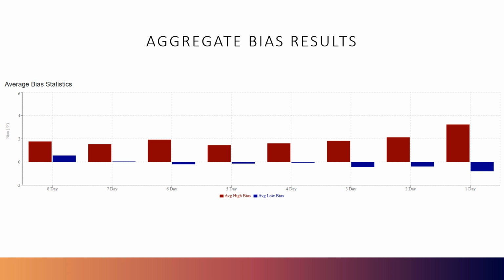And similarly, there's a 1-degree bias towards the low being lower on the 1-day forecast. The 1-day forecast might say the low is going to be 67, but the actual low is 68. So there's not too much difference there. There's definitely a lot more of a bias towards the highs than the lows, but it's interesting how the bias tends to increase as you get closer to the actual day.